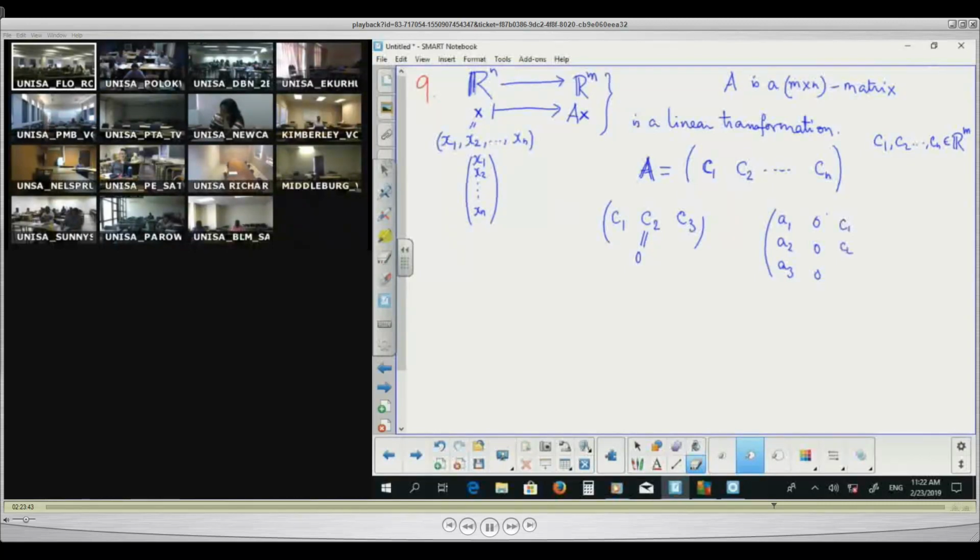And then what is the linear transformation doing? So what is AX?